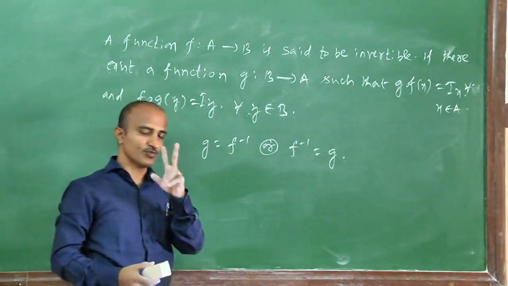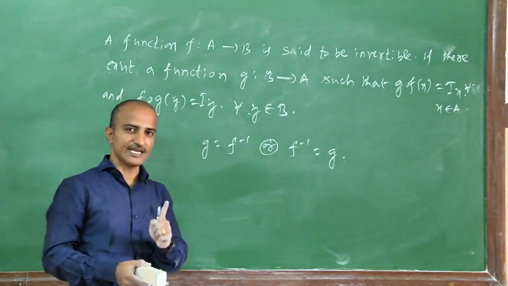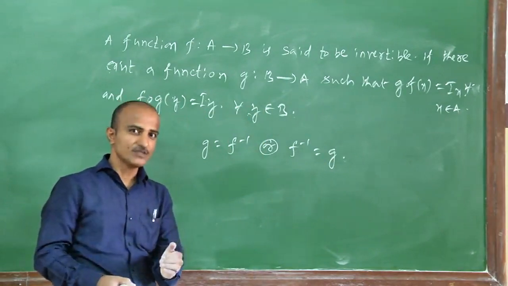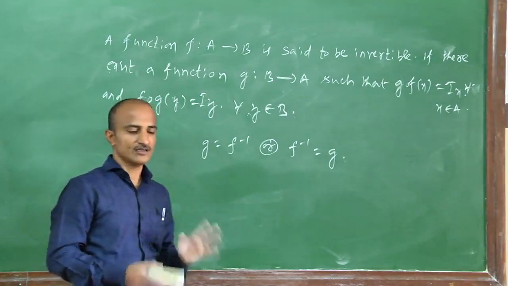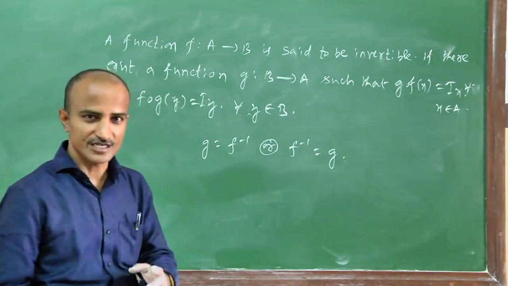Here we should note the 2 pointers. As I have already told, if the function is invertible, then it is 1 to 1 and onto. If the function is 1 to 1 and onto, then it is invertible. These conditions will be used while finding the inverse of a function.